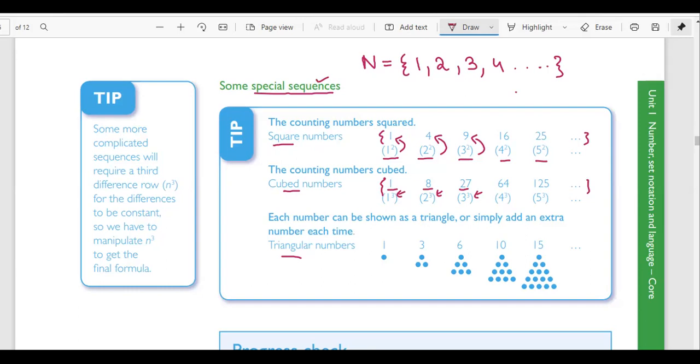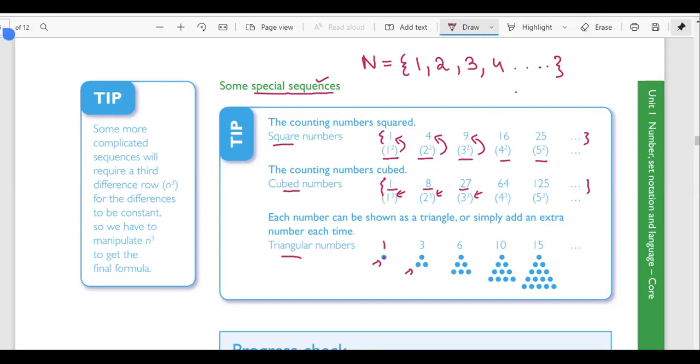And then we have triangular numbers. Square numbers were easy, cube numbers were easy, triangular numbers we have to discuss. Think of all these as triangles, and every time we have to make a bigger triangle. This triangle has one level only, so since one dot is used, we have 1.